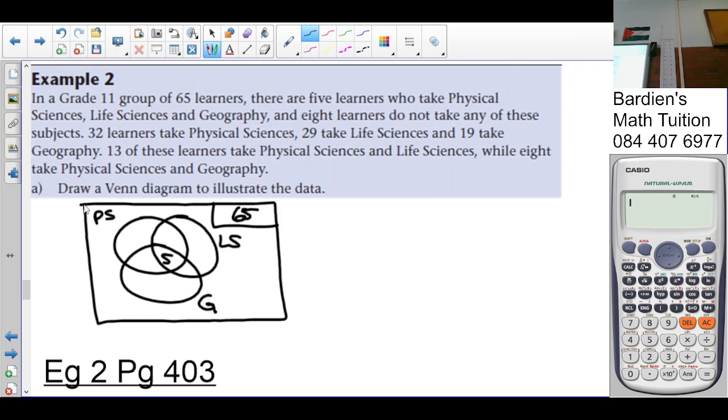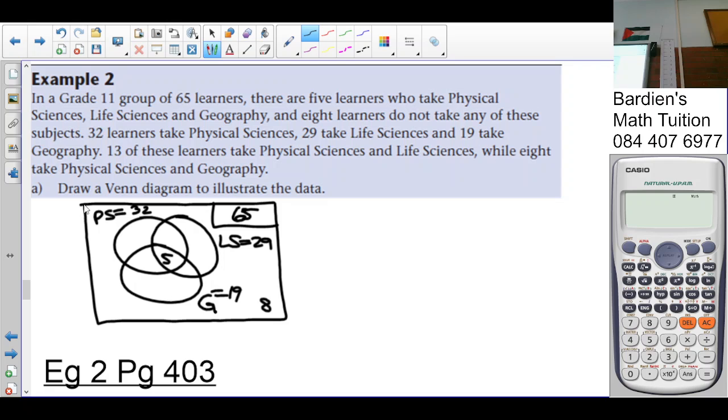Okay? 8 do not take any of these subjects, so 8 is on the outside. 32 takes physical science, so that is 32. 29 takes life science, which is 29. And 19 takes geography.